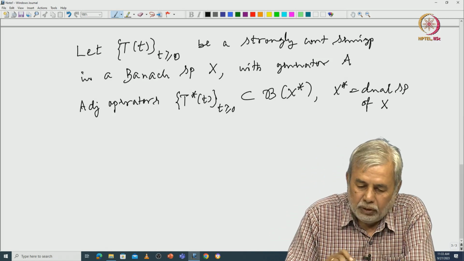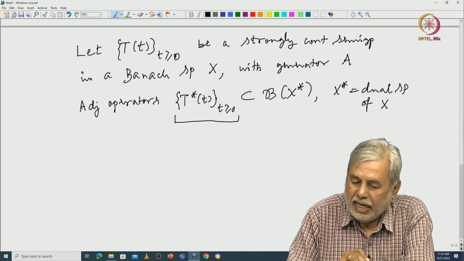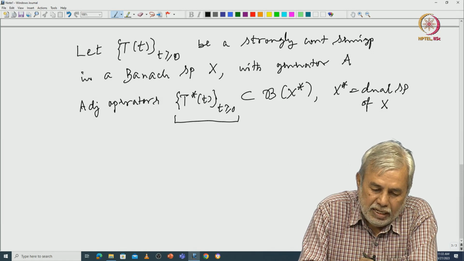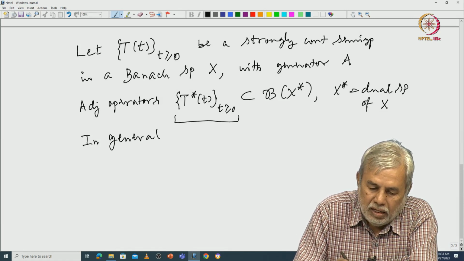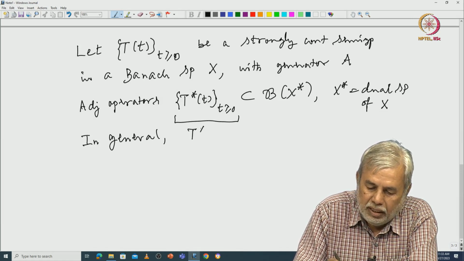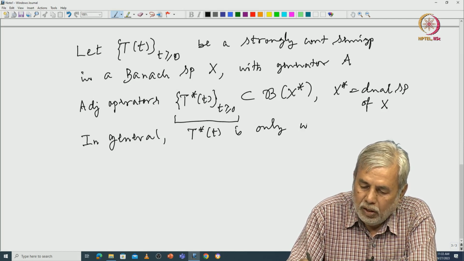So, obviously, there is no trouble with the semigroup property again, but in general T star(t) is only weak star continuous.